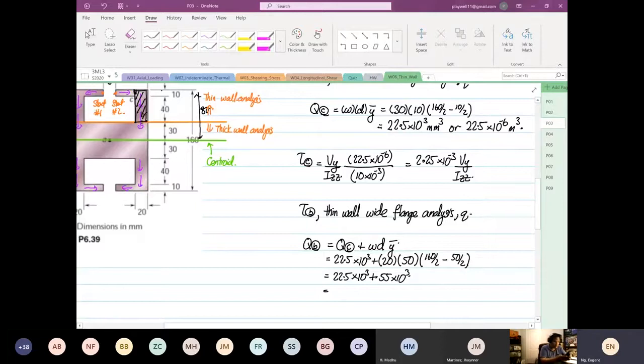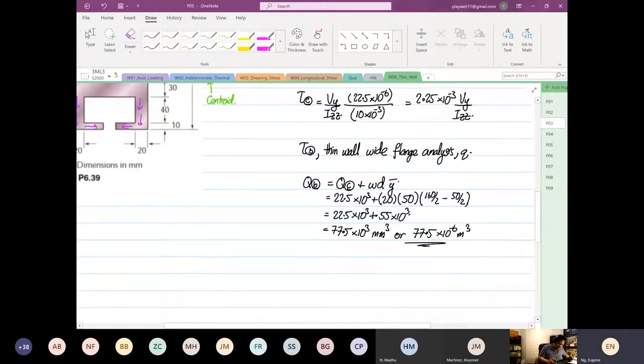So 22.5 plus 55 is 77.5 times 10 to the power 3 millimeter cube, or 77.5 times 10 to the power minus 6 meter cube.